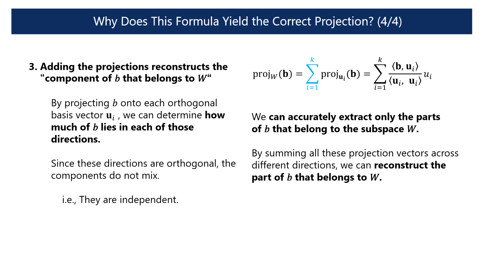Since these directions are orthogonal, the components do not mix, that is, they are independent. And we can accurately extract only the part of b that belongs to the subspace W. By summing all these projection vectors across different directions, we can reconstruct the part of b that belongs to W.